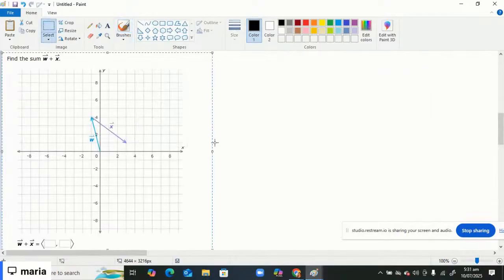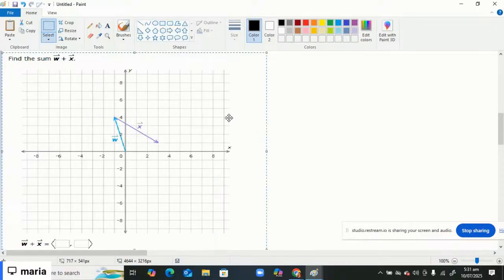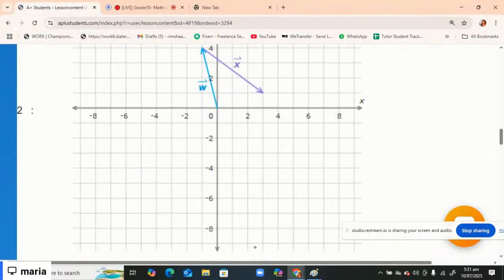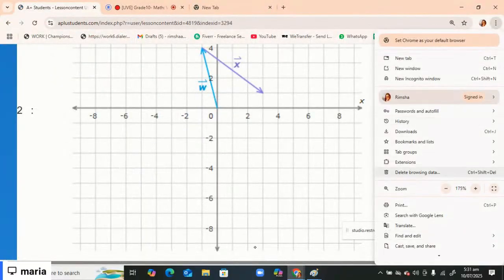So let's suppose this one we are going to do it. Okay, first of all, x component points. I'm going to write the x components. So here there is the x component form.